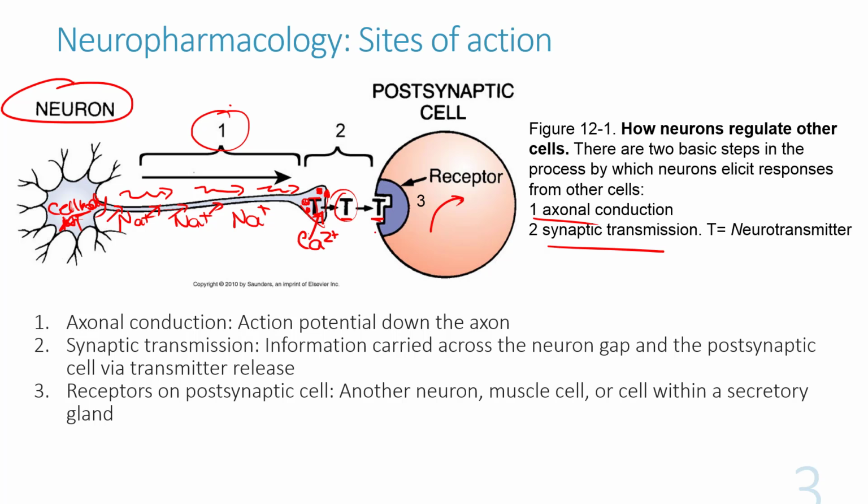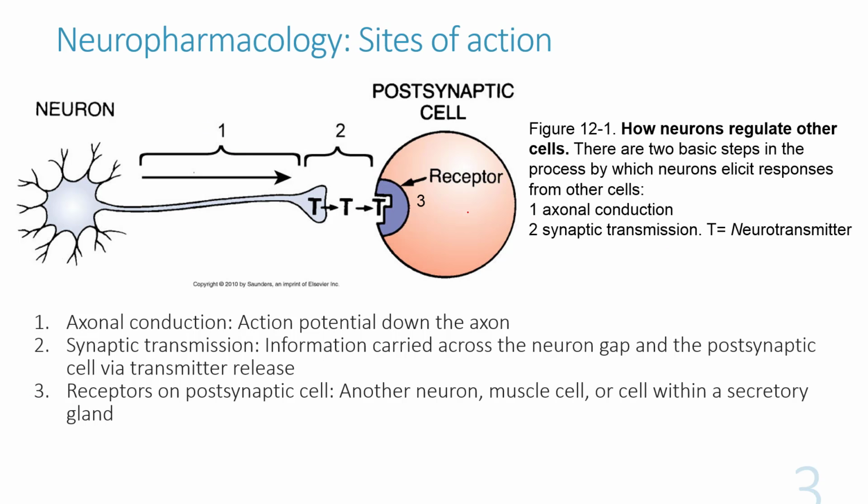And then obviously, in order for it to have an effect, the transmitter needs to bind to its specific receptor, and that act of binding of the transmitter or ligand to the receptor will actually start the effects in the receptor.